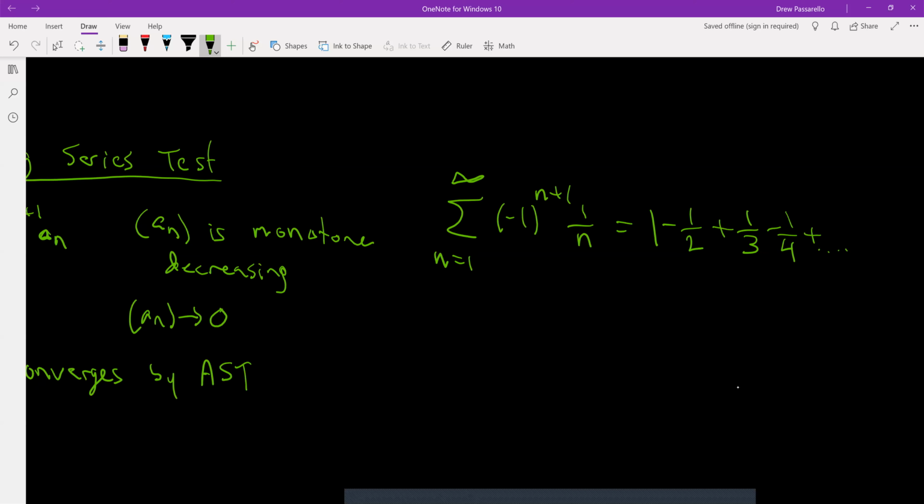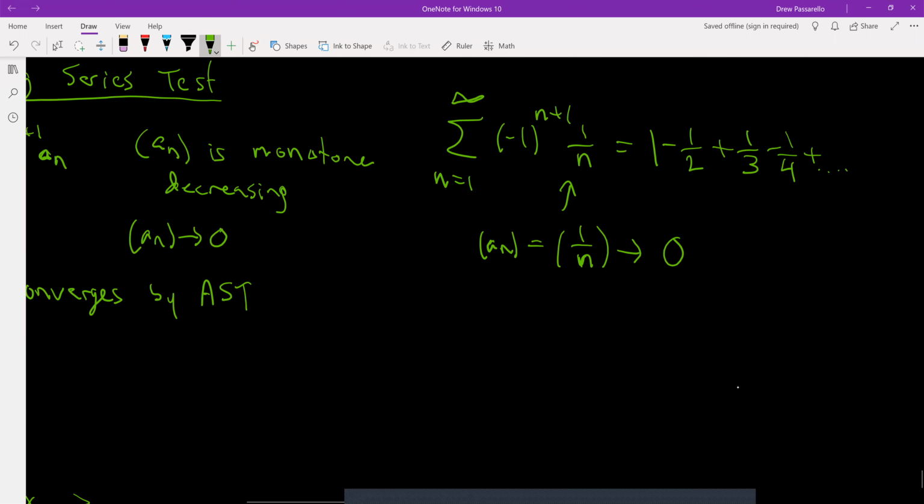But our sequence a_n, in this case, is 1 over n. We know 1 over n converges to 0. And also, this is a monotone decreasing sequence.